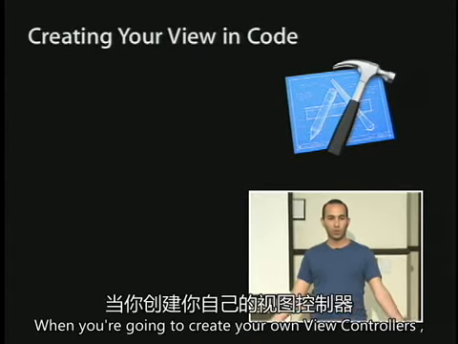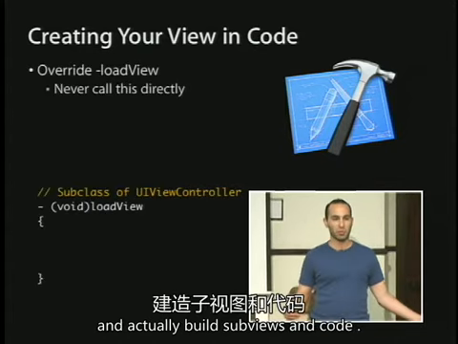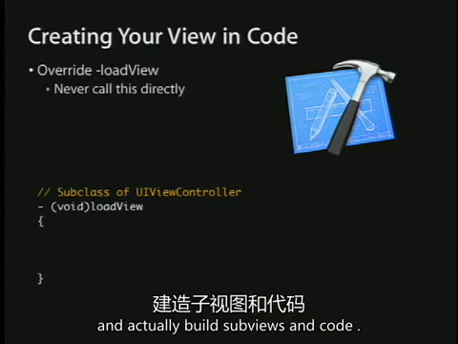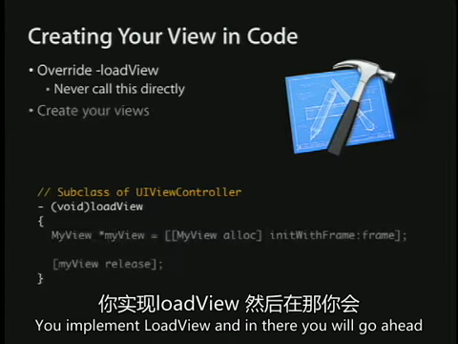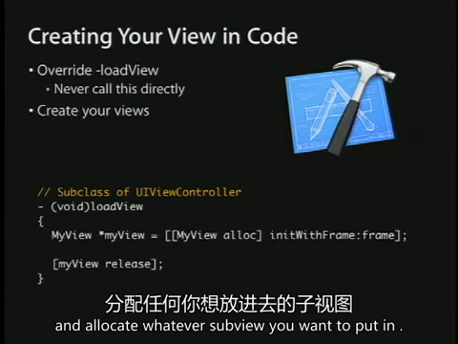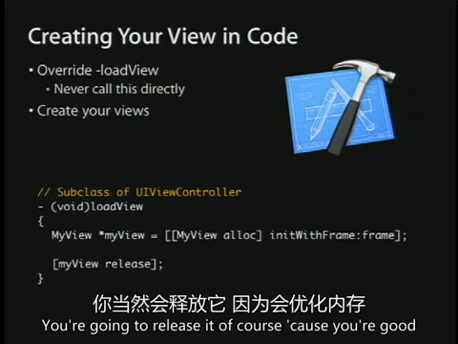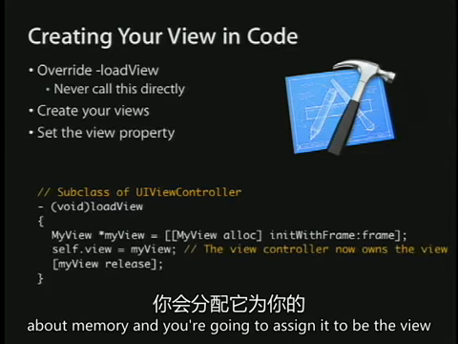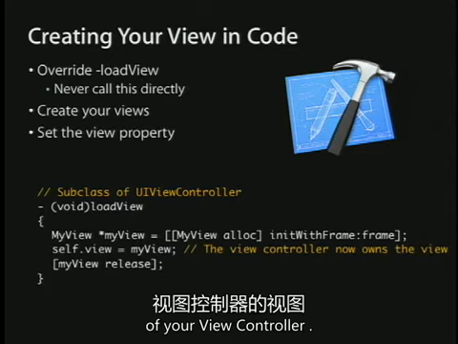When you're going to create your own view controllers, this is how you would go ahead and actually build subviews in code. You implement loadView, and in there you will go ahead and allocate whatever subview you want to put in. You're going to release it, of course, because you're good about memory. And you're going to assign it to be the view of your view controller.